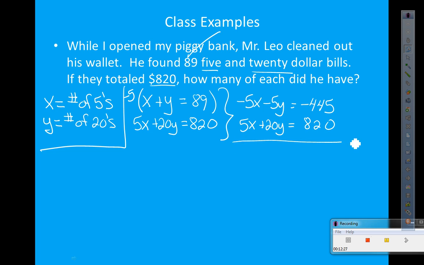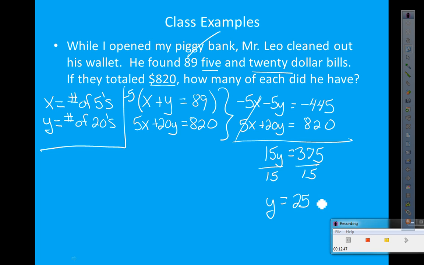Notice that when I add, the x's are out of there, just what I want. -5 and 20 make 15y equal 375. Divide both sides by 15. So y is going to be 25.